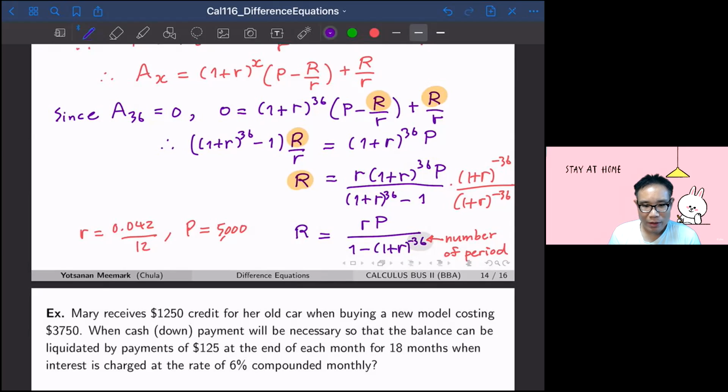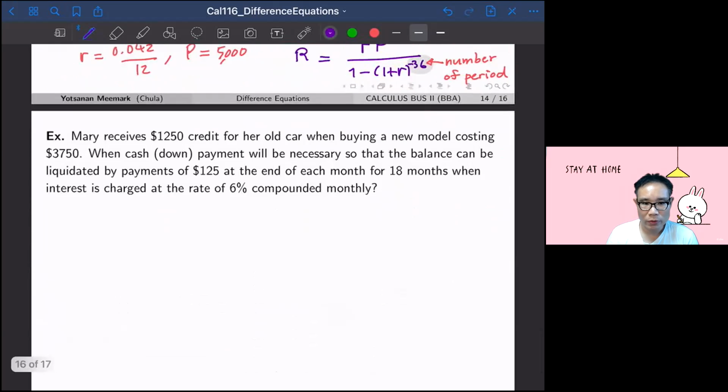The next example will be: you'd like to buy a car, so you receive 1250 credit back. You'd like to buy a new car costing 3,750.